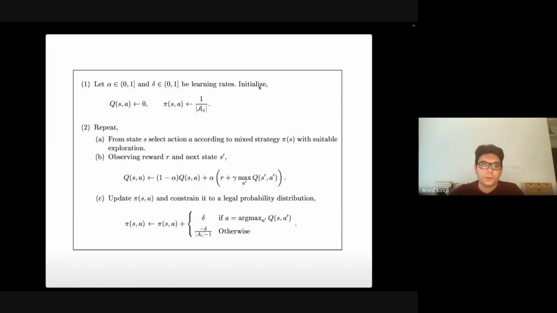Let's actually have a look. So what you do is, it's your standard Q updating. However, you also keep as a sidetrack your policy, and where before your policy would have been just whatever is the action that is currently the maximum of your Q function, now you keep a memory of your action.